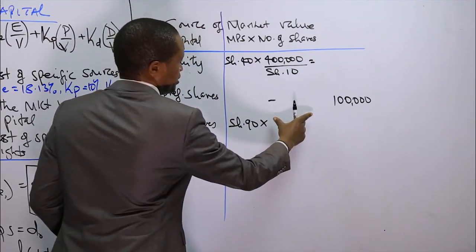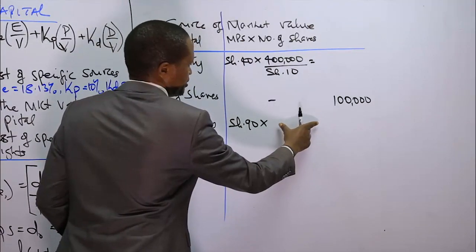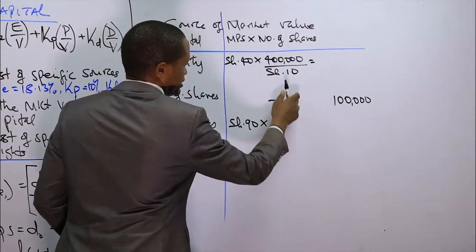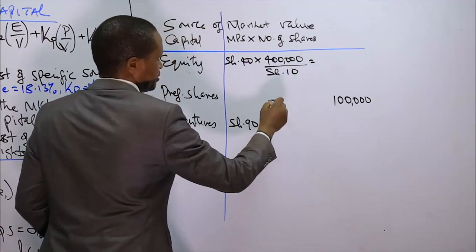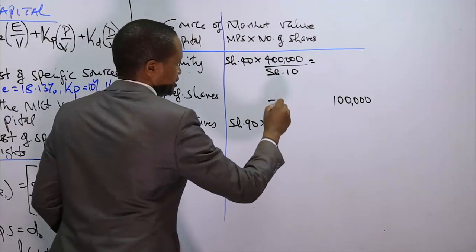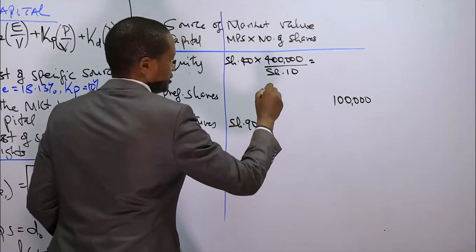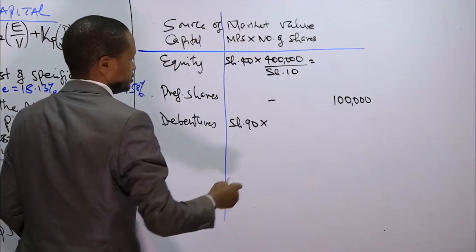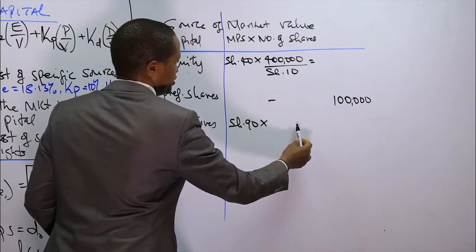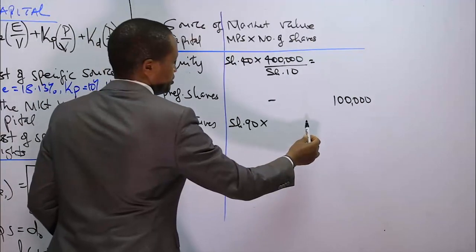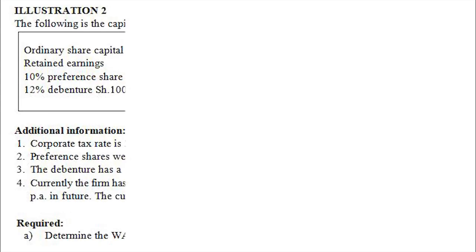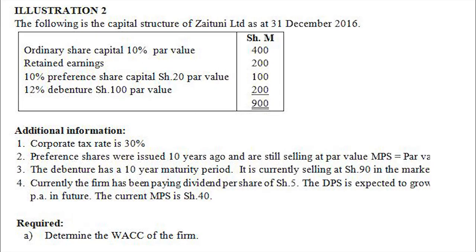We divide the total value for debentures by the par value per debenture.